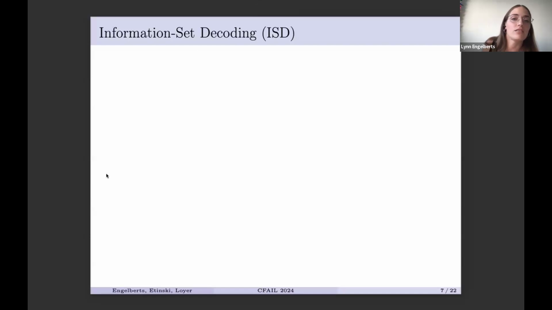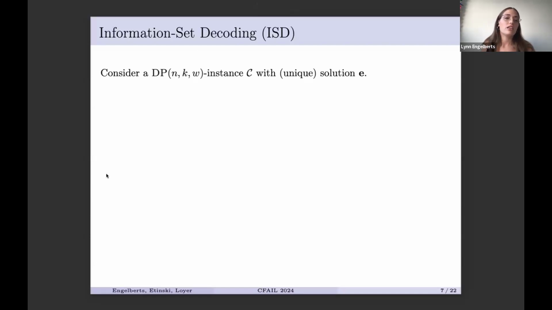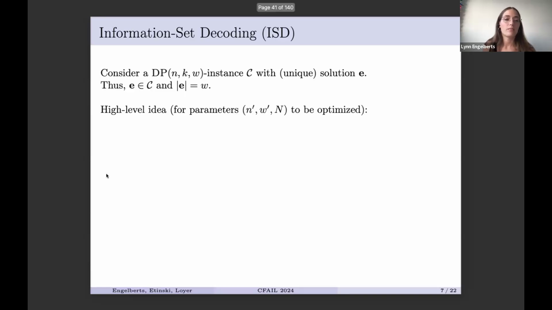So what's an ISD algorithm? Consider a decoding problem instance with a unique solution e. That means that e is a code word having weight w, and we want to find it. The high-level idea is as follows, where n', w' and capital N are parameters that should be optimized, and their role will become clear soon.